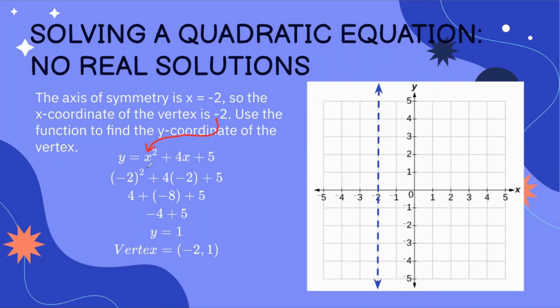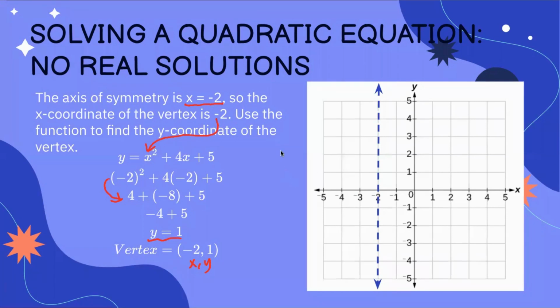That would give you -2 squared plus 4 times -2 plus 5. -2 squared simplifies to +4. 4 times -2 would be -8, and then plus 5. 4 plus -8 would give you -4 plus 5, and if you simplify this, y would equal +1. Now that you have both your x value and your y value, just combine those into an ordered pair to get your vertex, and that would be -2, +1.